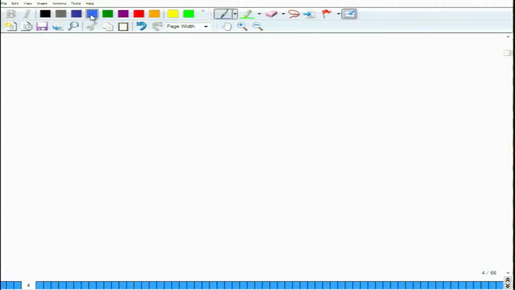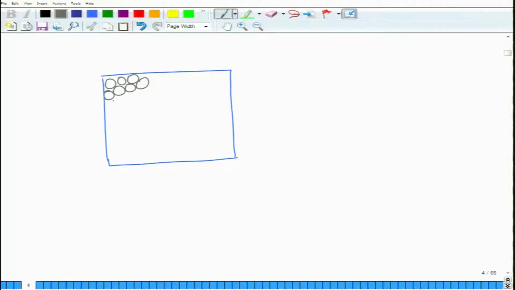Now life isn't very kind to us on most occasions. What happens in reality in most cases is that materials are like this. You have an enclosed volume like this. Within one volume you may have an arrangement of atoms in this fashion, okay. In the next volume it could be something like this.